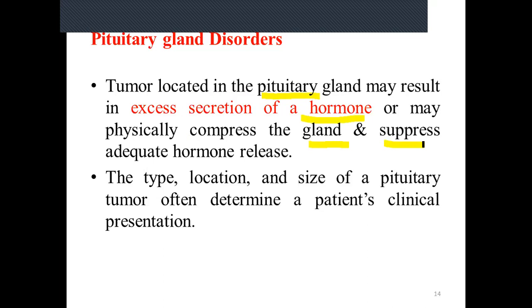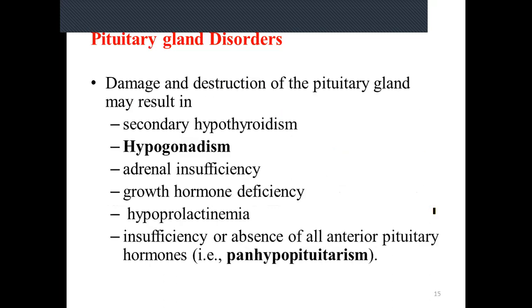If there is a tumor in the gland, it can increase the production of the hormone, or it can compress the gland so that there is not adequate release of the hormone to the target organ, so that the target organ will produce the desired hormone. So the type, location, and size of the tumor often determine the patient's clinical presentation. I will come later to how it actually looks.